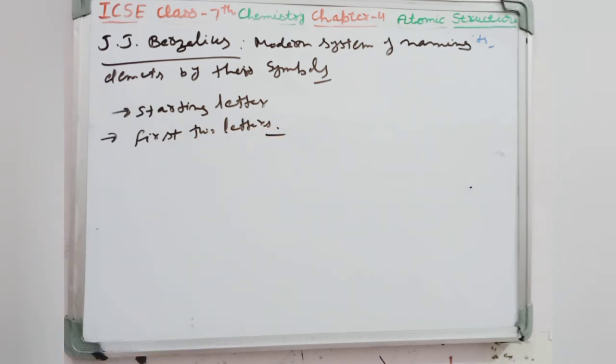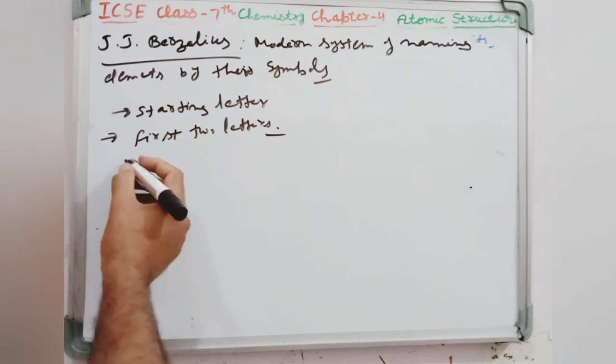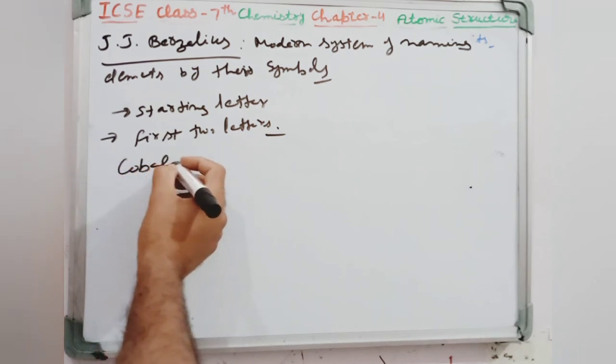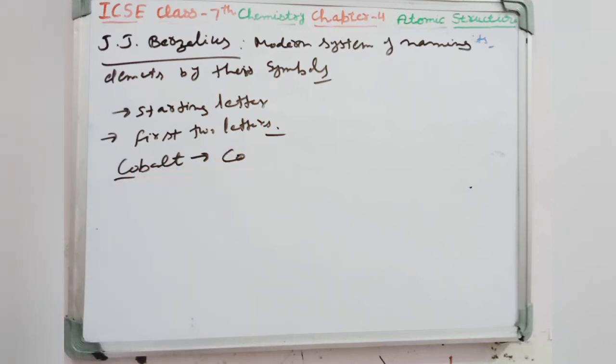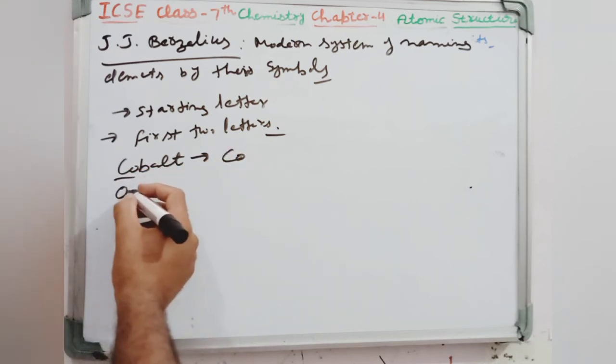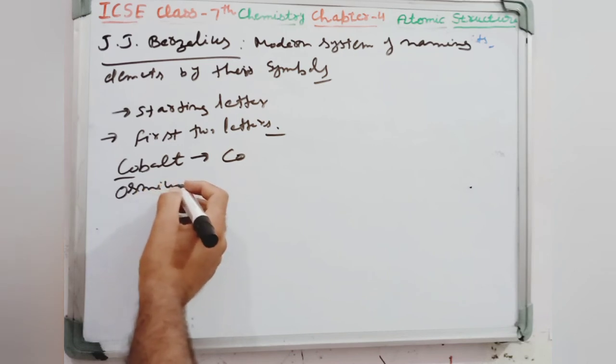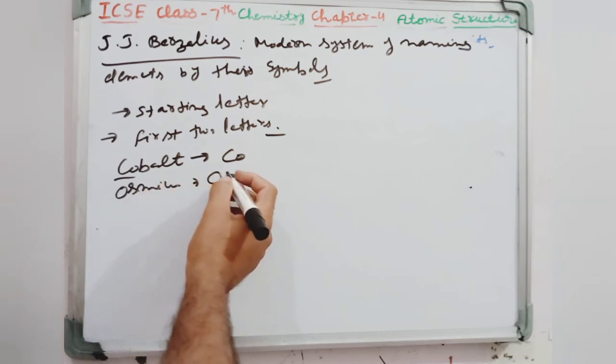For example, if we want to write cobalt, we use its first two letters, Co. If we want to write osmium, we use Os.